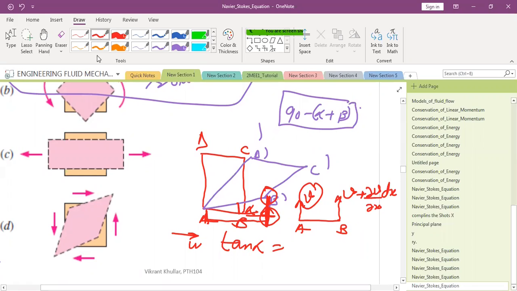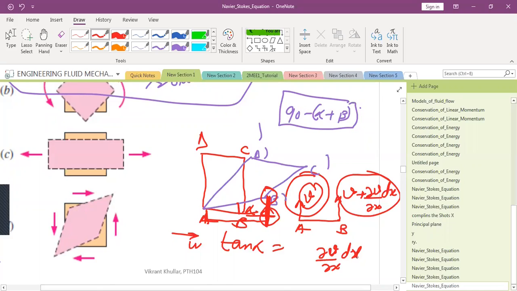Any doubts to anyone? So the difference between the level of A and B will be due to difference in velocities at point A and B. So what is the difference in velocity? Curly V by curly X into dx. This is the change in velocity which has actually caused B to reach this location instead of being horizontal.